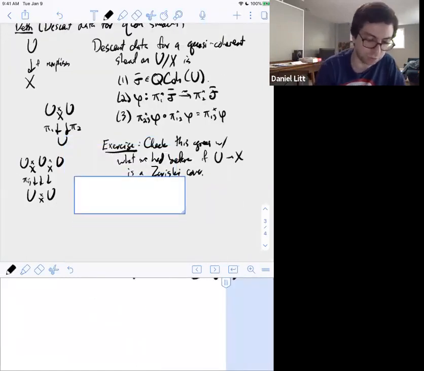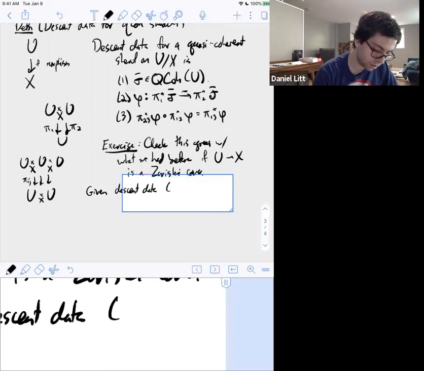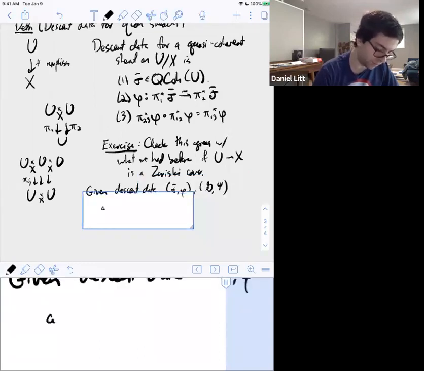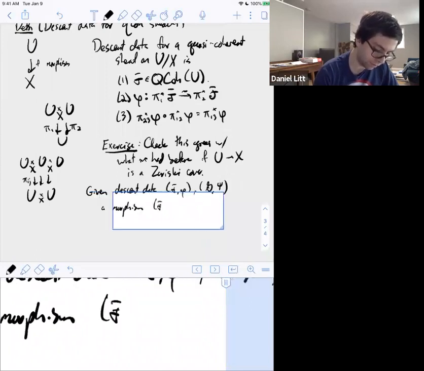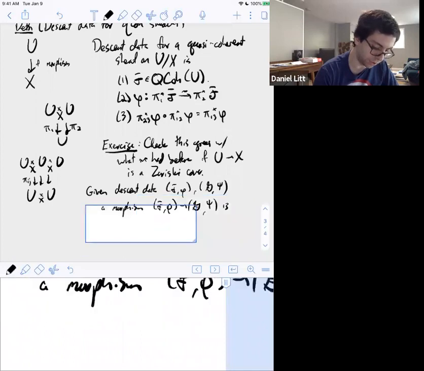We also asked a question about morphisms, not just about schemes. So I should define for you a morphism of descent data. Given descent data F, phi and G, psi, a morphism between them, F phi to G psi, is a morphism of quasi-coherent sheaves.